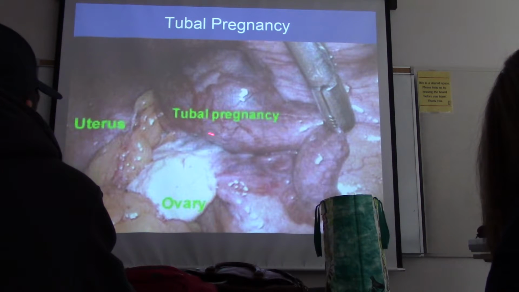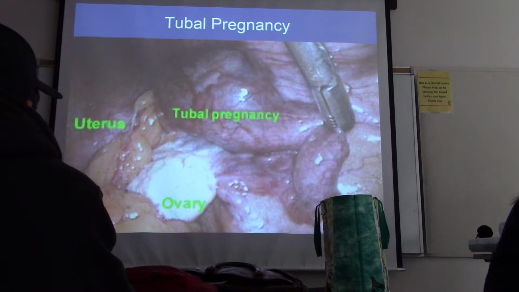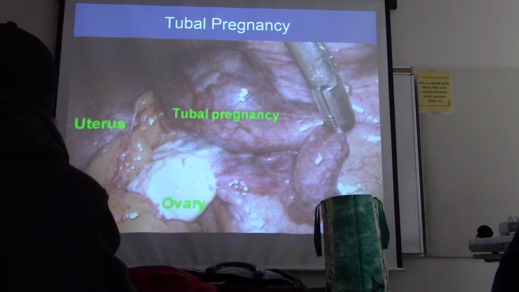And this is it right here, which is all fine and good until about 3 or 4 weeks. But then it's trying to grow a placenta, and instead of growing it into this nice thick-walled uterus, it's trying to grow it into this really thin-walled tube. And this is the pregnancy.